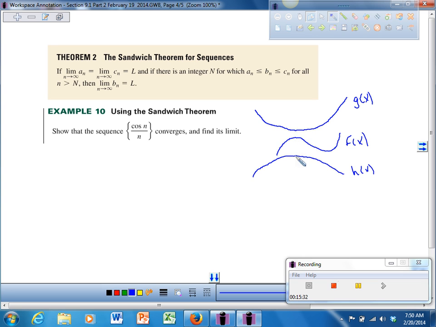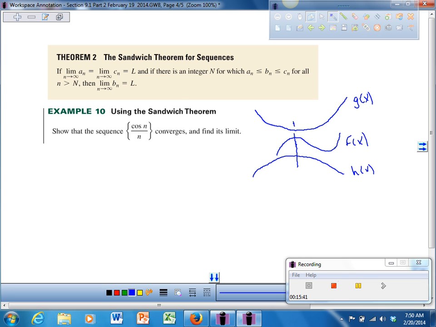And I know that the limit of g of x and h of x at a point of interest approaches one value, maybe 0 or 1. Well, then I would know that the limit of f of x would also have to approach 1 because it's always in between these two functions.